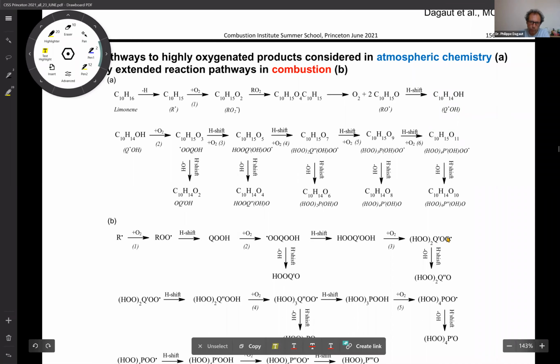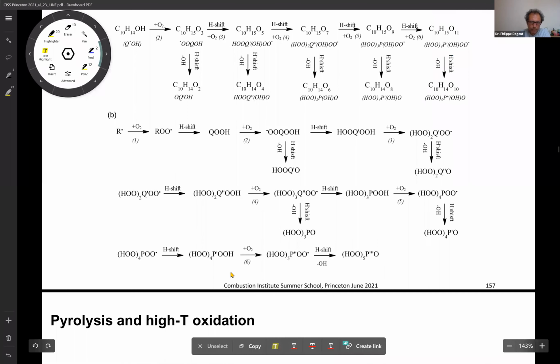with 4 hydroperoxy groups. But this radical can also proceed through H shift from a different CH group and form this species with 5 hydroperoxy groups, which can react with O2.